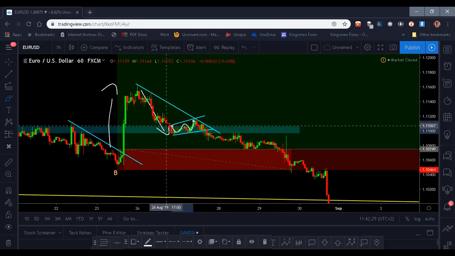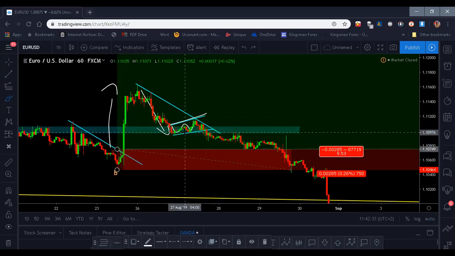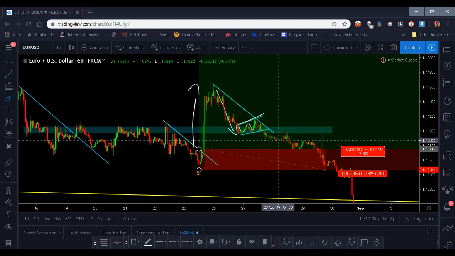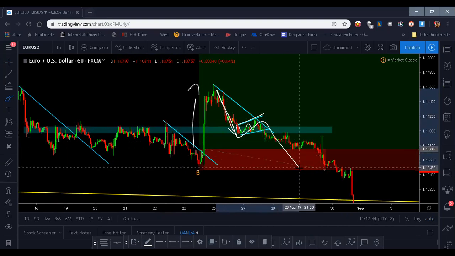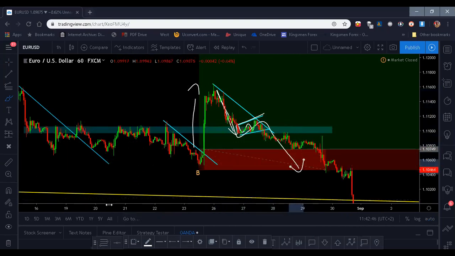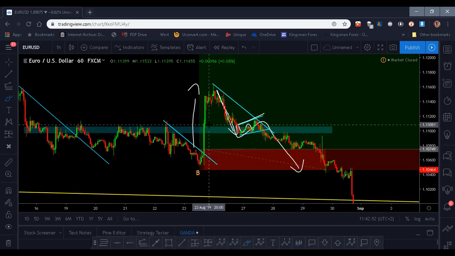Last time I did the updates, I had my trend lines like this. Having this upward trend line broken from the bottom means we are most likely going to have this move. But I had already protected my buy trade at that time.